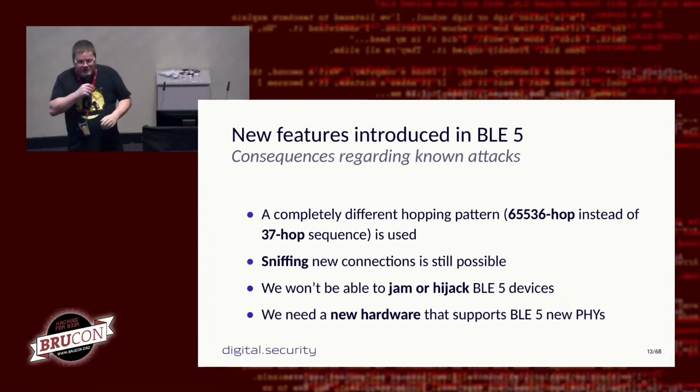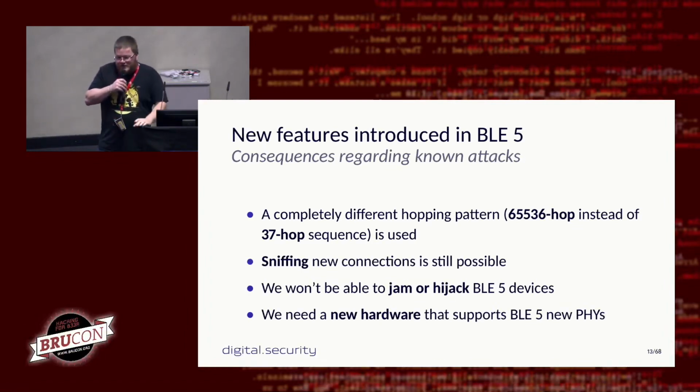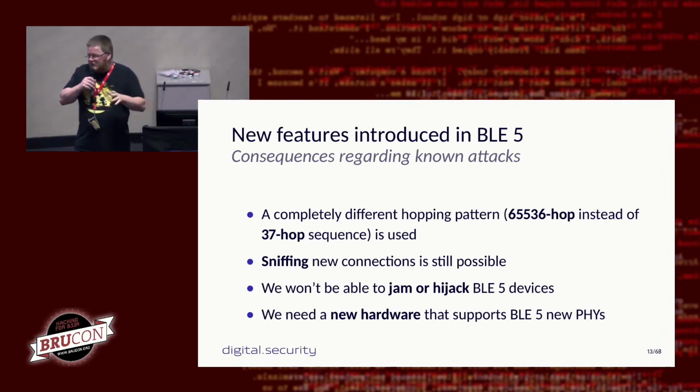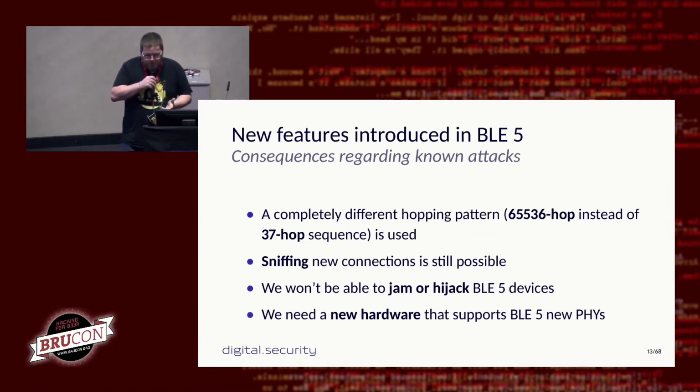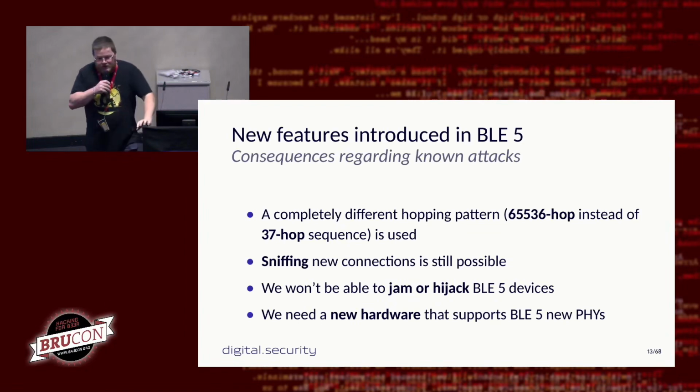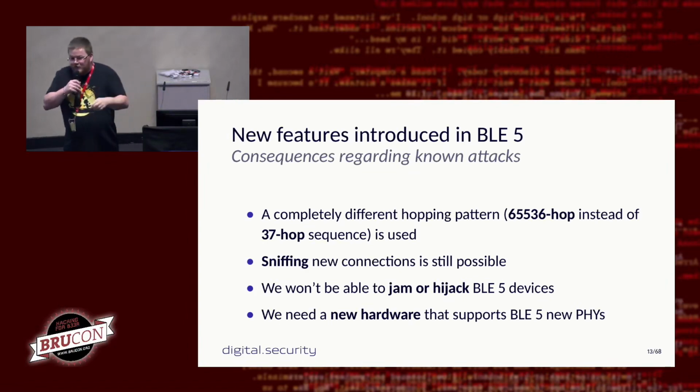So if you are around the devices when the connection is created, then you can get everything you need to follow it. This is what Sniffle does. But we won't be able to jam or hijack BLE5 devices, because previous attacks, such as jamming and hijacking, are based on the previous channel selection algorithm.